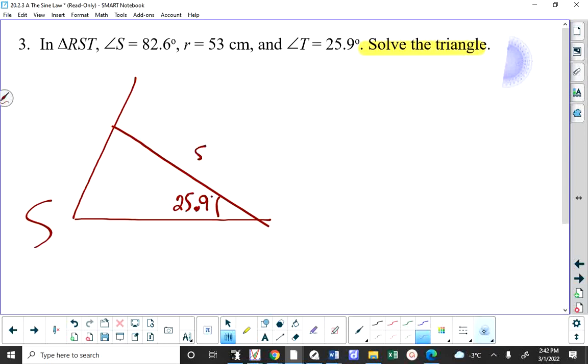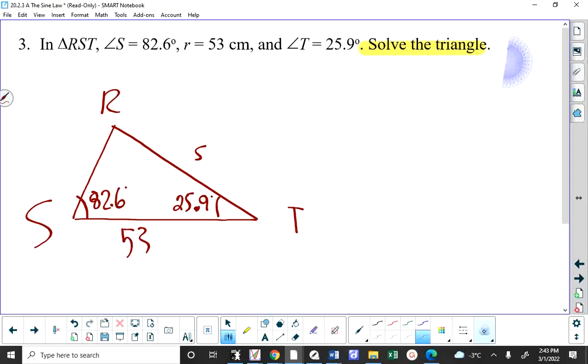So this is side S. This becomes angle T. It's RST, so this other one must be R. And I wouldn't get too hung up if you have difficulty drawing a decent diagram. But again, do your best. So this is 82.6. What else do we know? R is 53. This is 53 because it's opposite angle R.